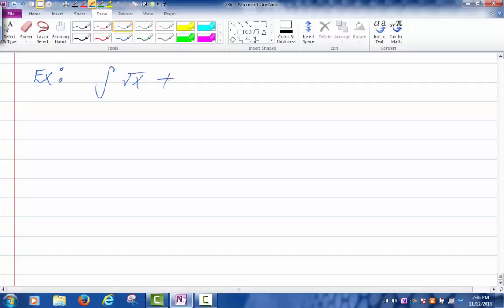So this is the function that you want to integrate here. You're taking the integral of root x plus 1 over root x. So how would I do this problem? Well, root of x is the same as x to the half, and 1 over root x is x to the negative half.